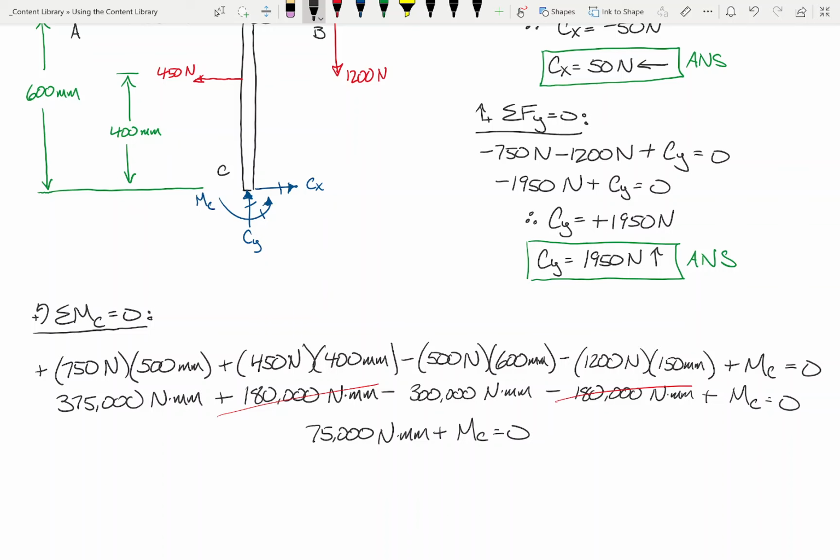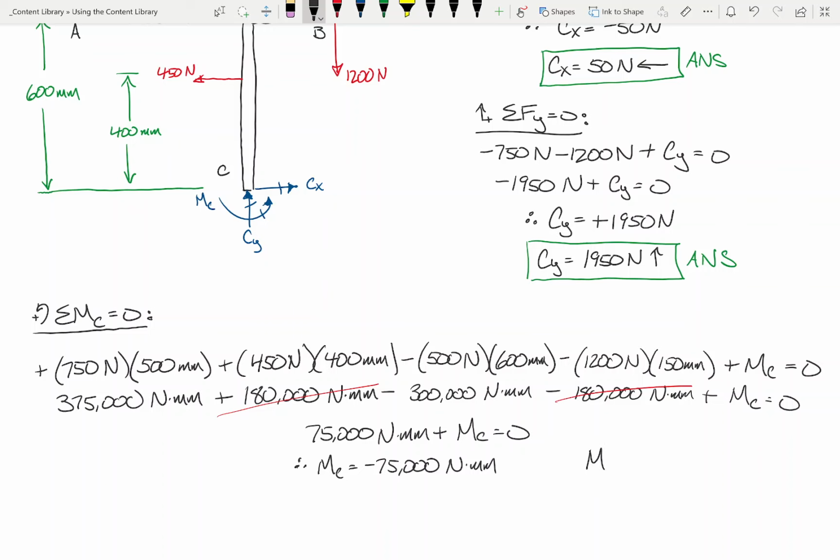Plus MC is going to be 0, and there we go. As for expressing this, again, it's a vector, right?